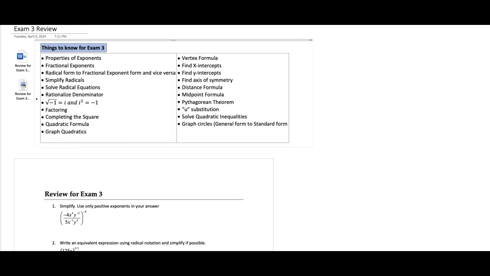A lot of the things on here are either formulas that you need to have memorized or just skills that you need to be able to do for this next exam. And so that is what I have listed there at the top.